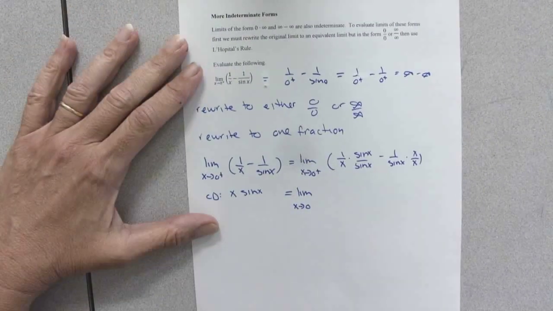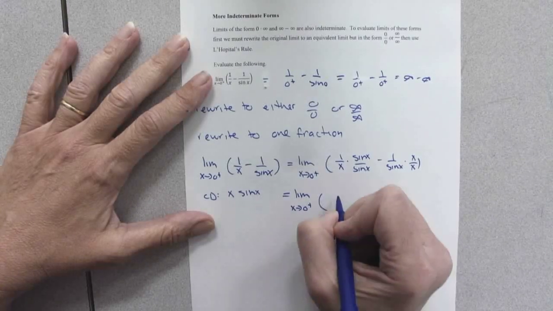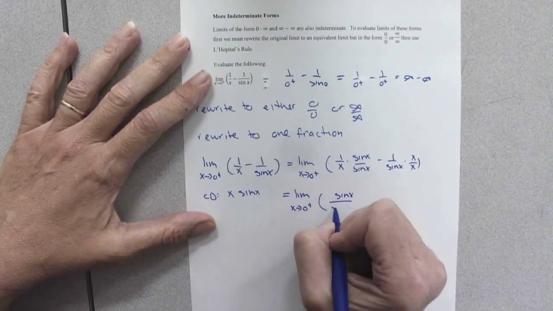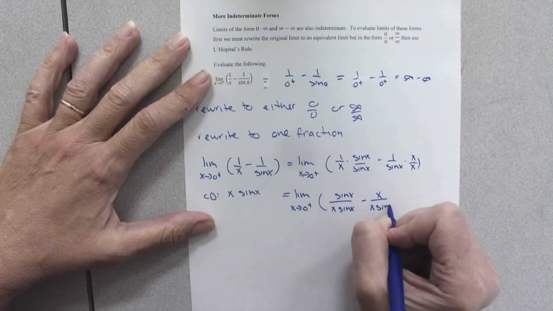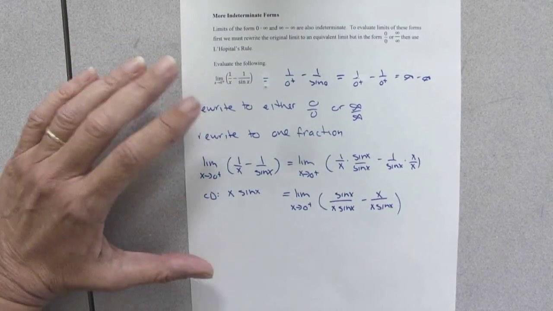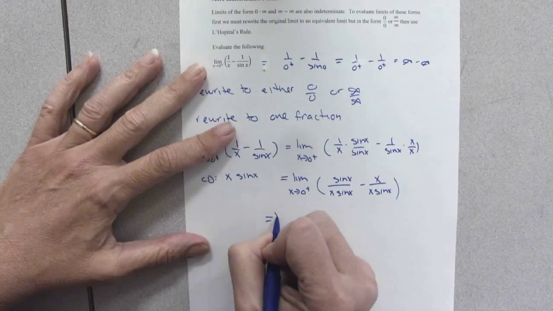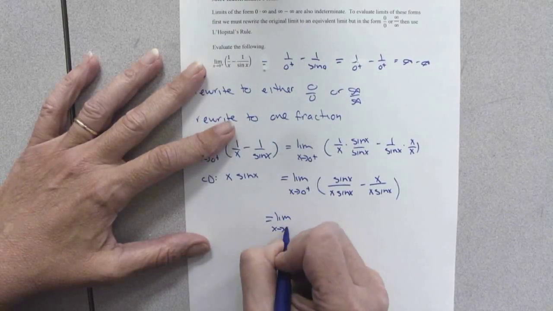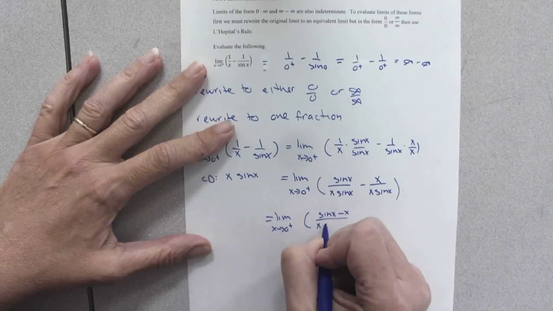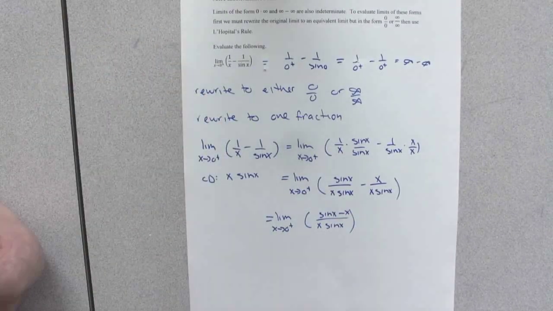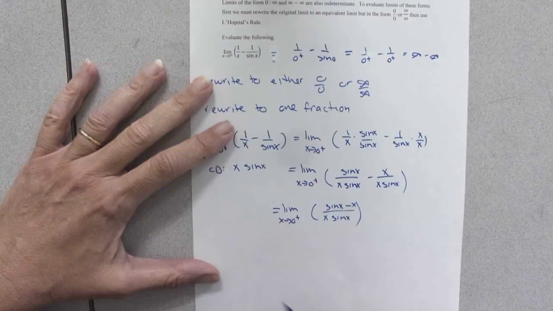which is going to give me the limit as x goes to 0 from the right of sine x over x sine x minus x over x sine x, showing every step I can think of. And so I have sine x minus x over x sine x. Let's check the form.